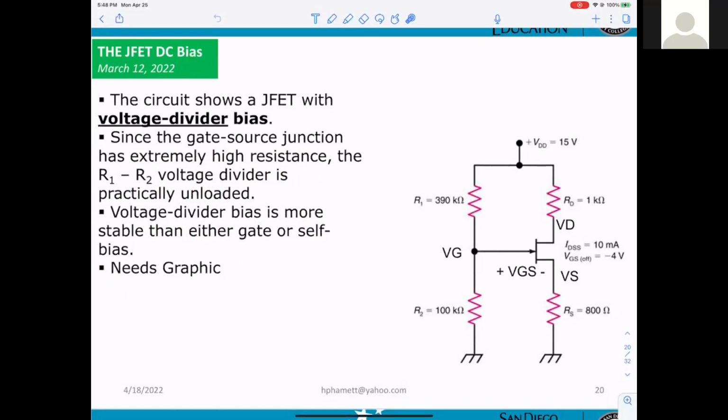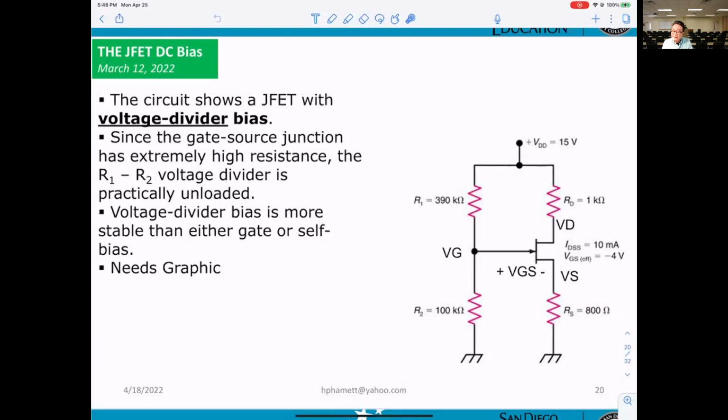Is there a way you can write down how to do that, the VDD times R2 and all that? The thing is, normally when you want to calculate the bias, you need to calculate the ID. ID equals what? IDSS times (1 minus VGS over VGS off) squared.